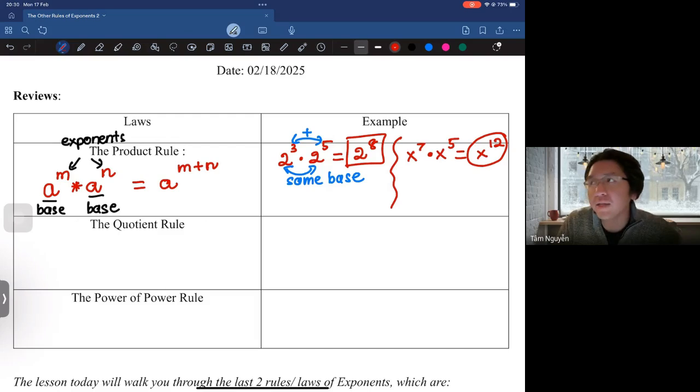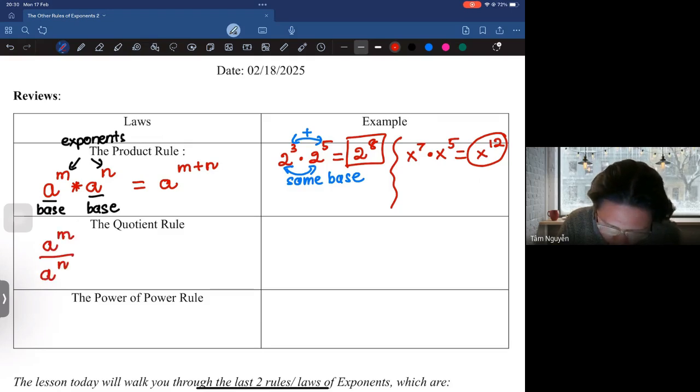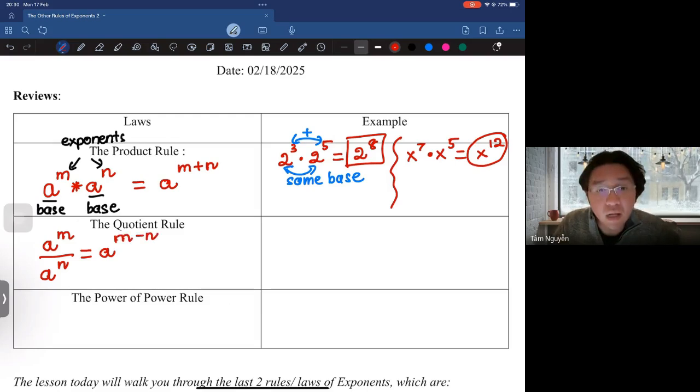You could think of the quotient rule as the opposite of the product rule. Because here, what does it say? It says that if you are dividing two exponents with the same base, you simply keep the base, but you subtract the exponents.